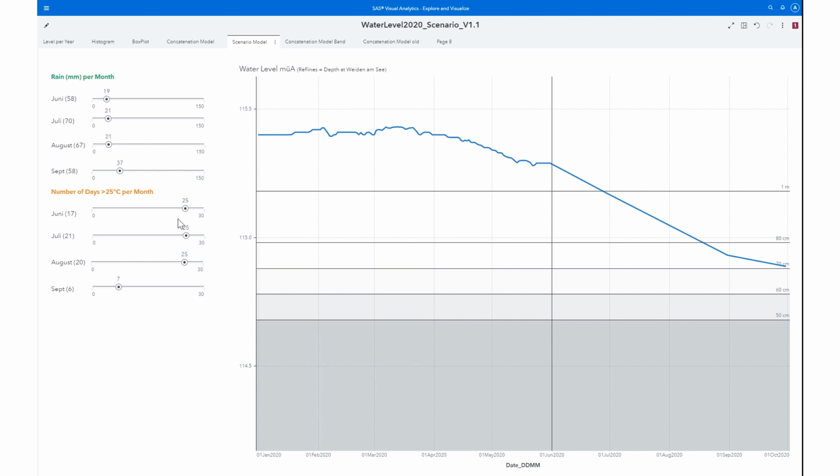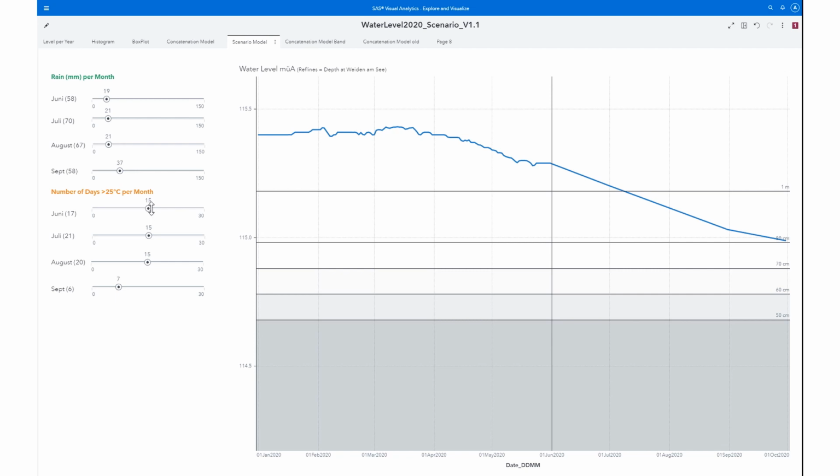What would happen if we have, let's say, a summer with only half as many very hot days? We see that even just reducing the number of hot days per month already increases the water level, because there is less evaporation because of the heat.